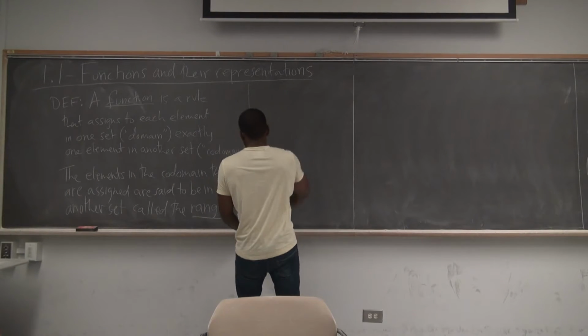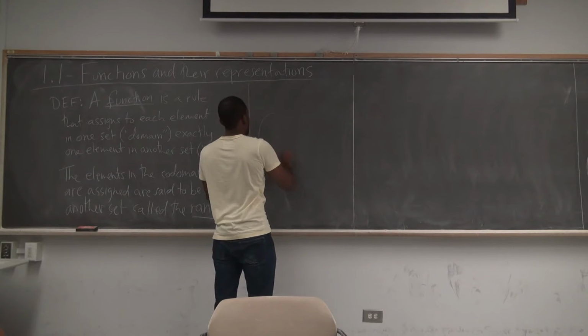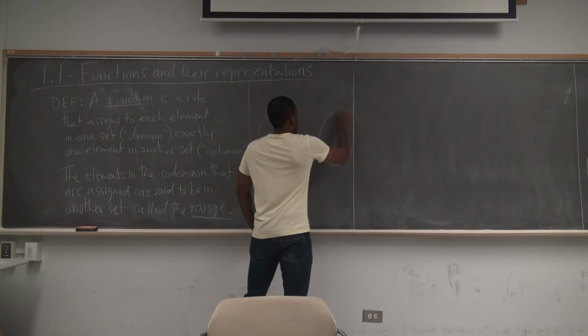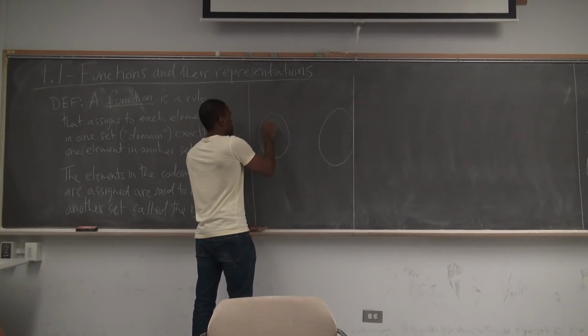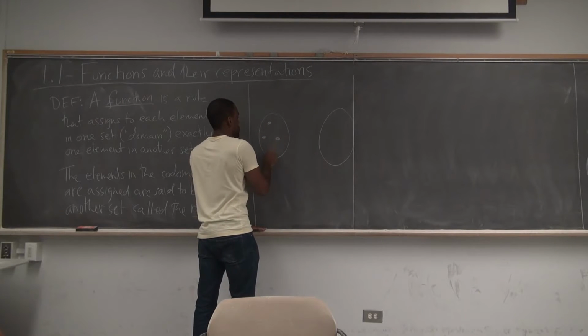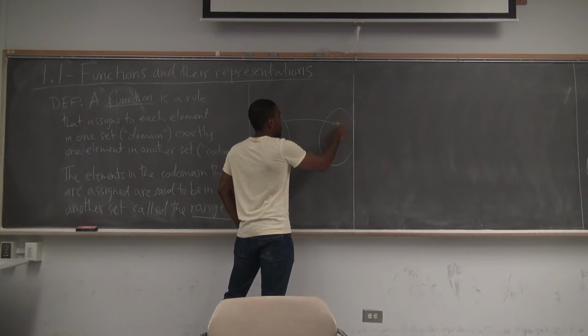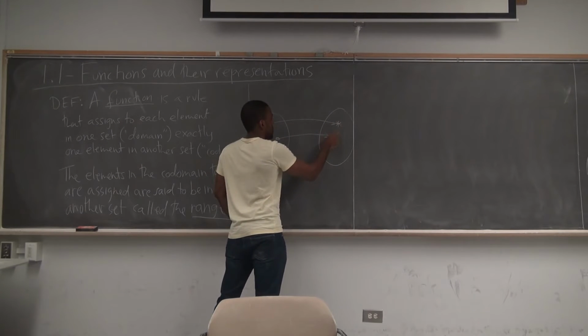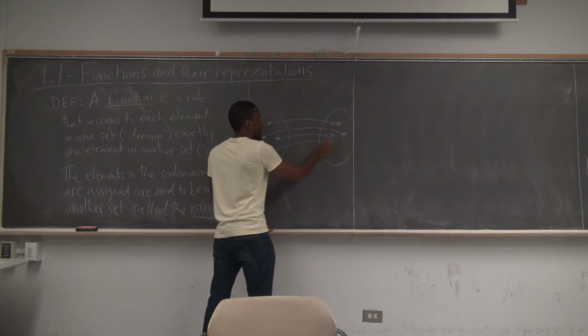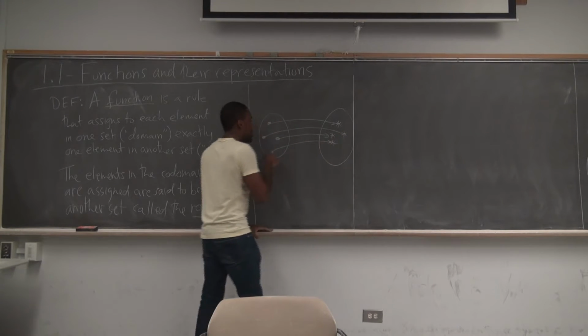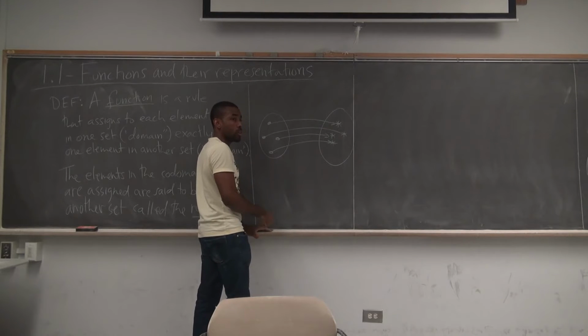So for example, for a function, I can have a group of objects over here, and I'm connecting them to things over here. Each thing over here gets connected to one thing over there.